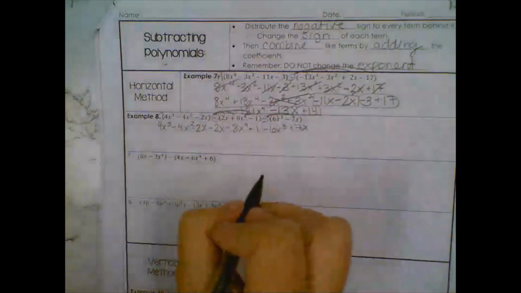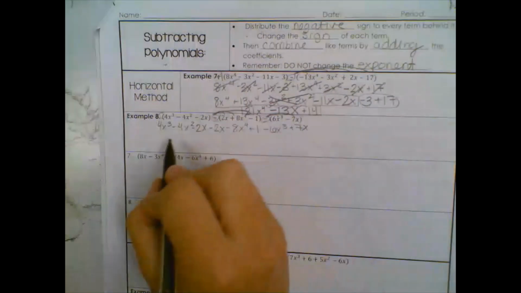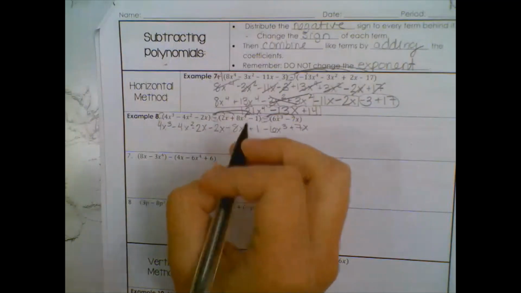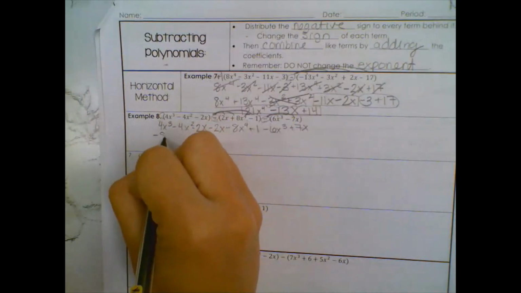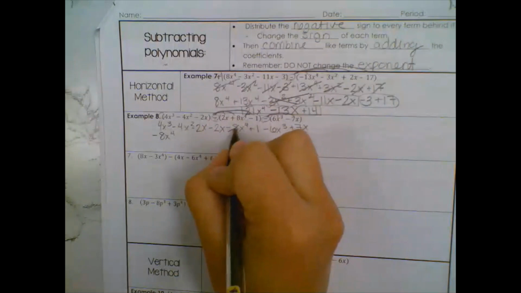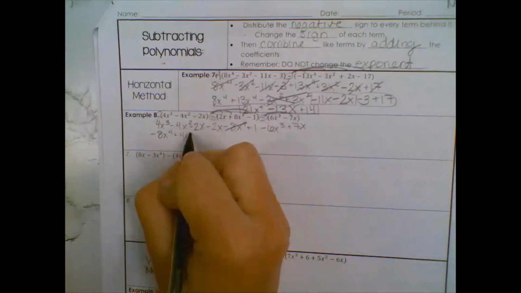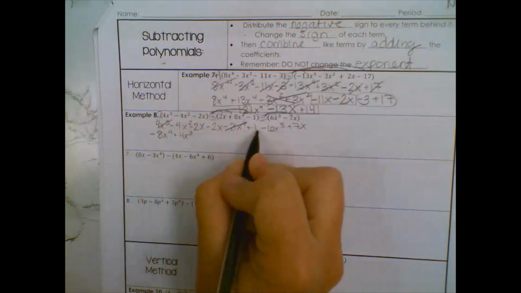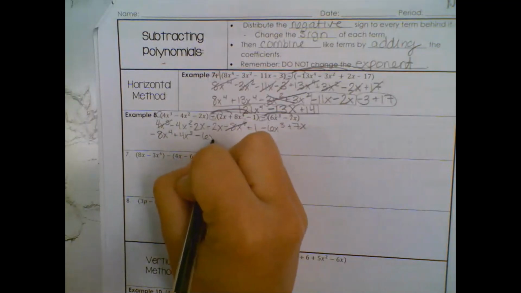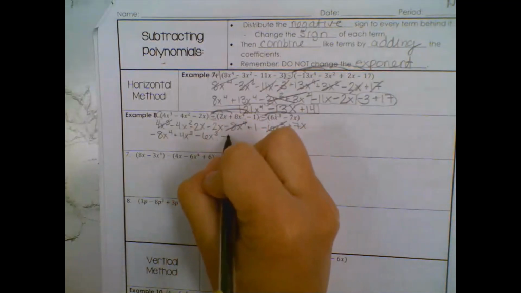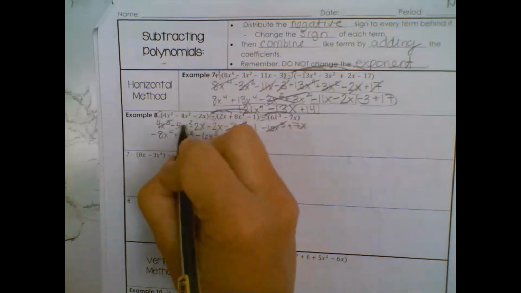So put into standard form, I have a fourth, that is my largest one, so I'm going to write that out in front first. So minus 8x to the fourth, cross it out. Then I have cubed, so 4x cubed, and another x cubed. I have a squared, so minus 4x squared.